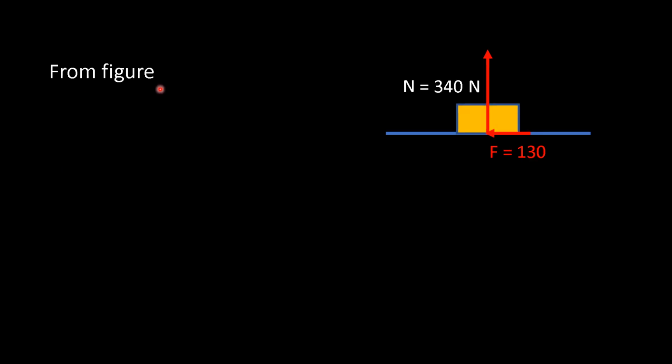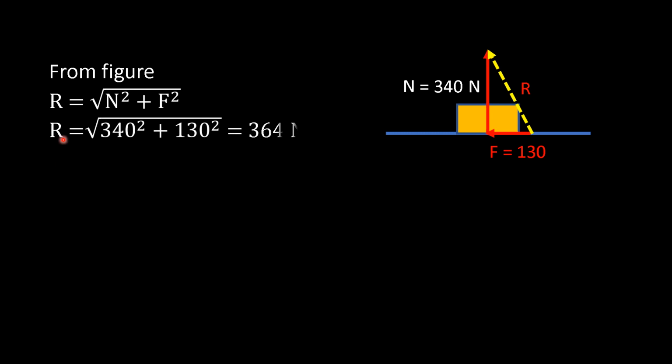From the figure, we have R equals under root N squared plus F squared. So this is R. N is 340 and F is 130. So we get under root 340 squared plus 130 squared, that is 364 Newton. So resultant force R equals 364 Newton.